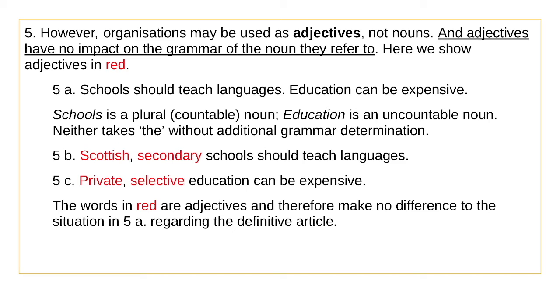Scottish schools, Scottish secondary schools, we can add 2, 3, 4 adjectives. Should teach languages, private selective education can be expensive. So the words in red are simply adjectives and they don't change anything. So whatever the correct answer was for 5A will not be changed when you add the adjective.